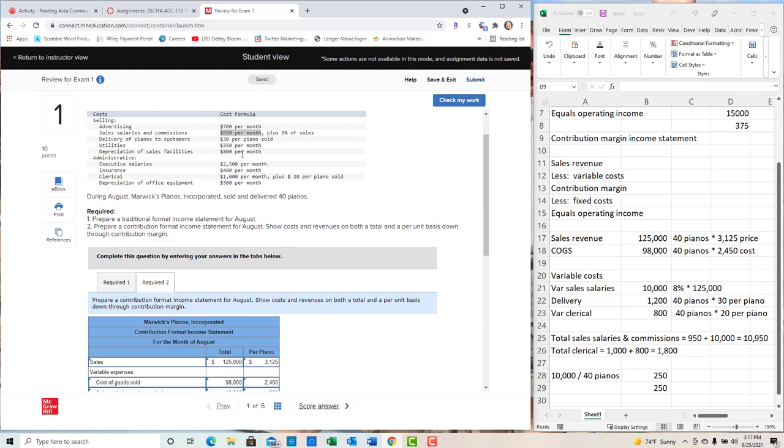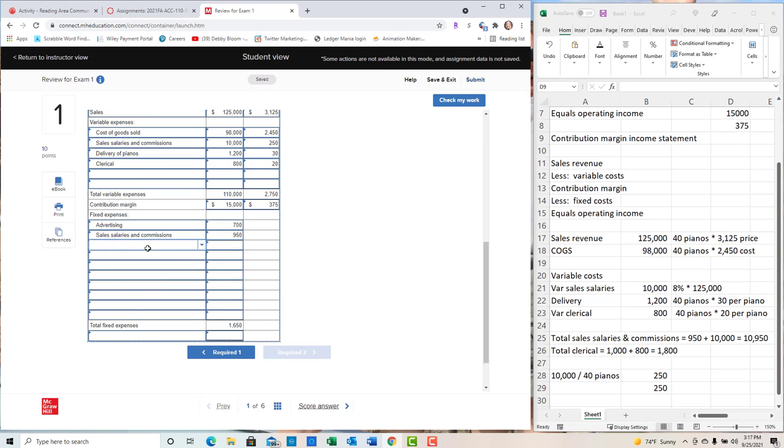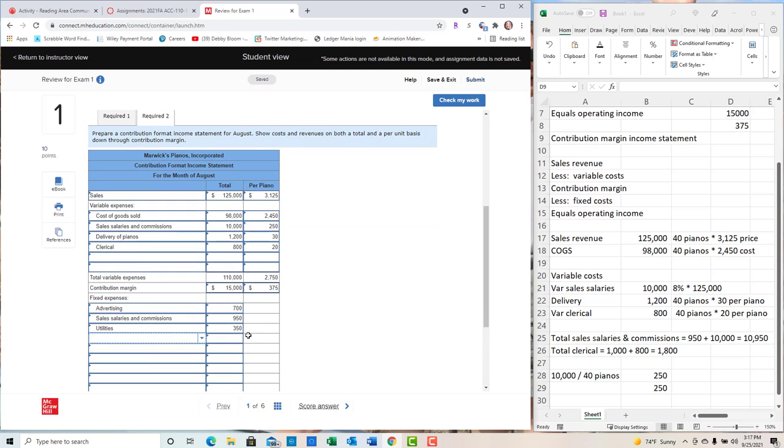The next fixed cost that we have, the 8% of sales is variable, $30 per piano sold is variable. Our utilities of $350 per month are fixed. And then finally, from the selling, our depreciation of sales facilities, $800 per month.